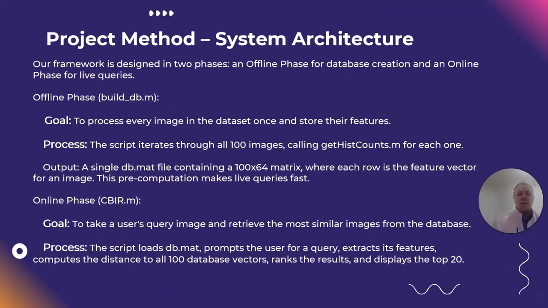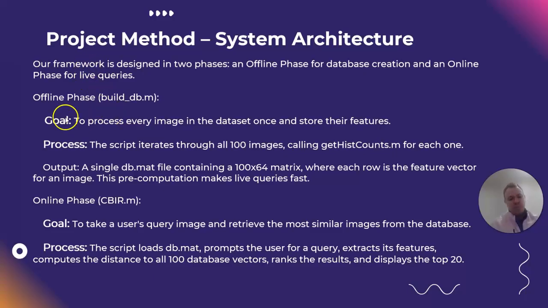So for this project, the system architecture was six steps, but I really put it into two phases: an offline phase and an online phase. The offline phase was about building a database to compare the query images to, so that when we're running the query live, it's much faster because of that pre-processing of the data.